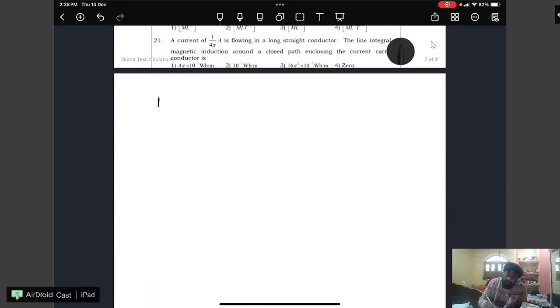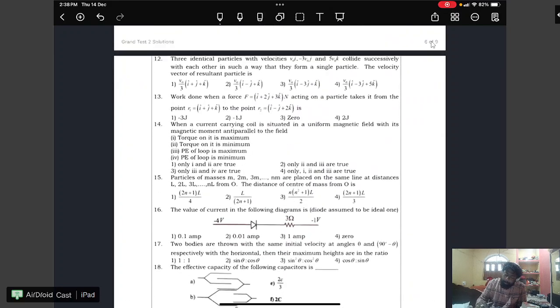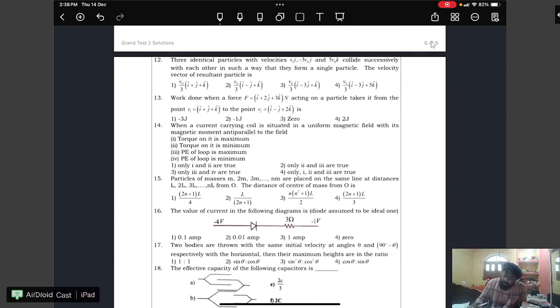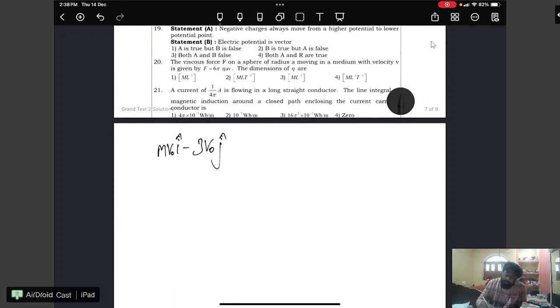So m v naught i cap minus 3 v naught j cap plus 5 v naught k cap. After collision, it will have the velocity, let's say v vector. So after collision, mass is common and cancelled.